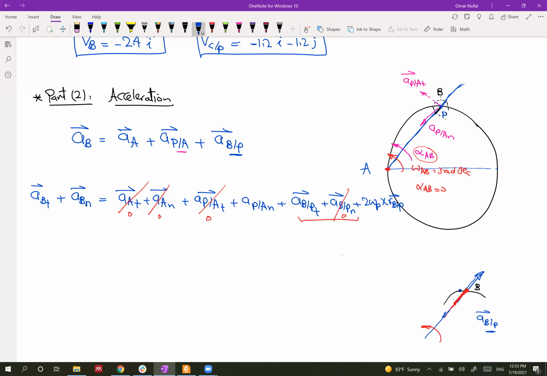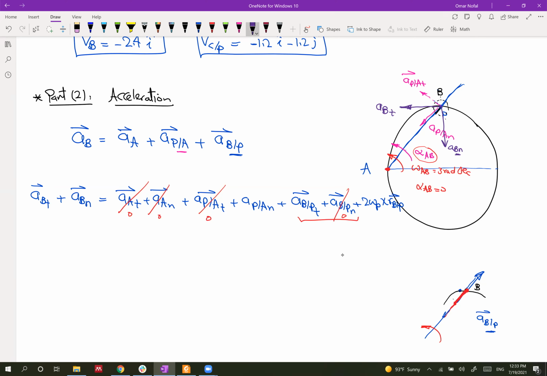Okay, so let's continue constructing this equation. From this point B, we know the direction of the tangent and normal acceleration. Why? Because we know that this body is moving this way, so the acceleration is something like that and something like that. So we'll have AB tangent and AB normal.